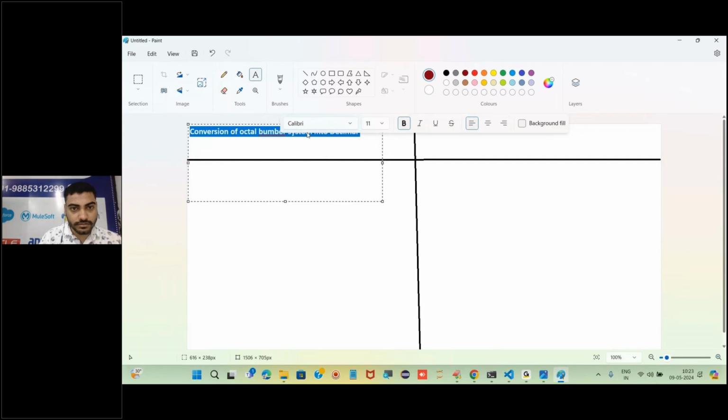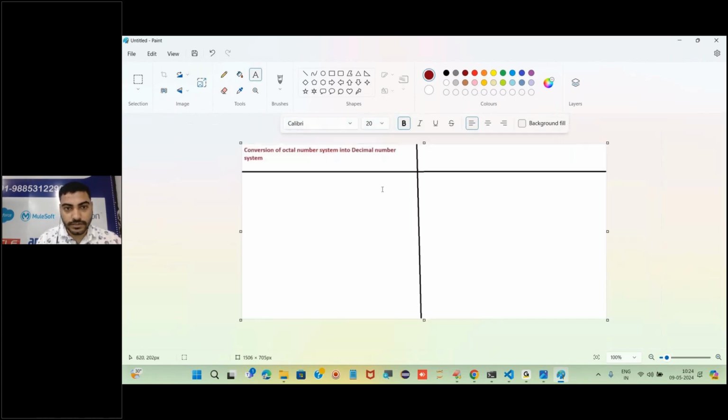Decimal number system. Next, similarly, I'll copy this and paste it here.